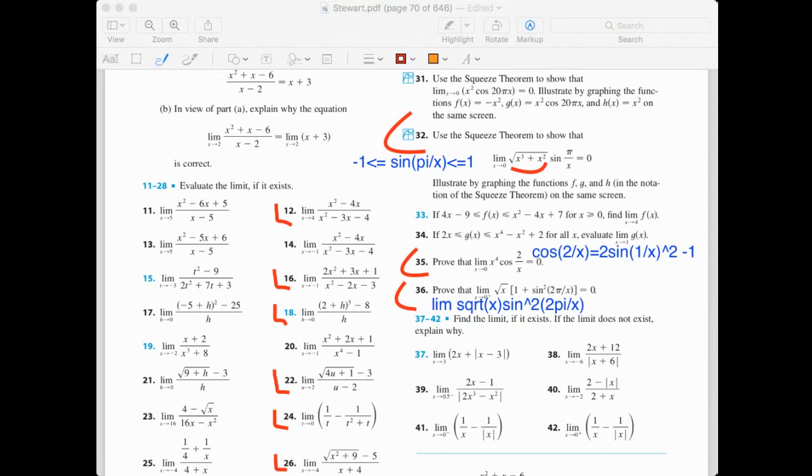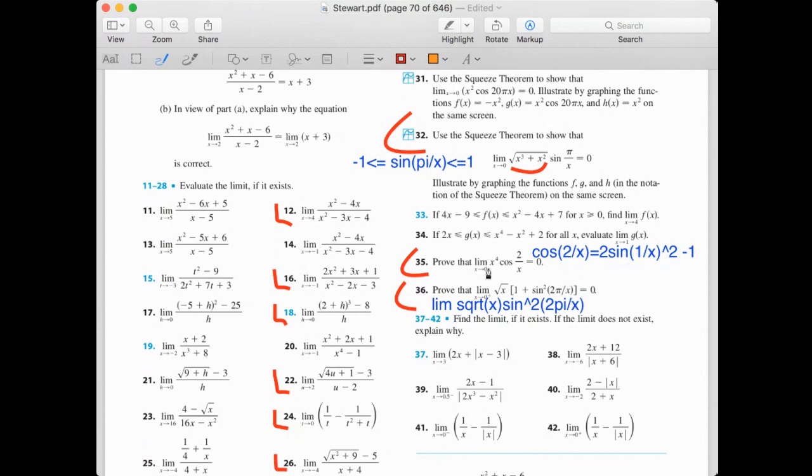Okay, let's try. So the question is, can we use the squeeze theorem for 35 and 36? For 35, yes, you could use the double angle formula. Once you use the double angle formula, you see sine appears. So you want to manufacture sine.